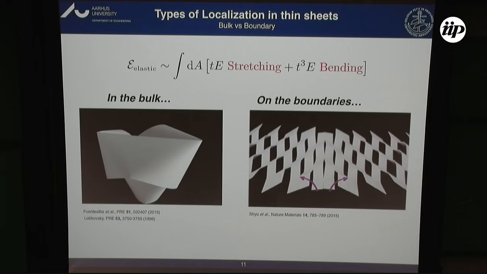The way I'm trying to sell this problem is to understand what types of deformation motifs lead to this Kirigami deformation.